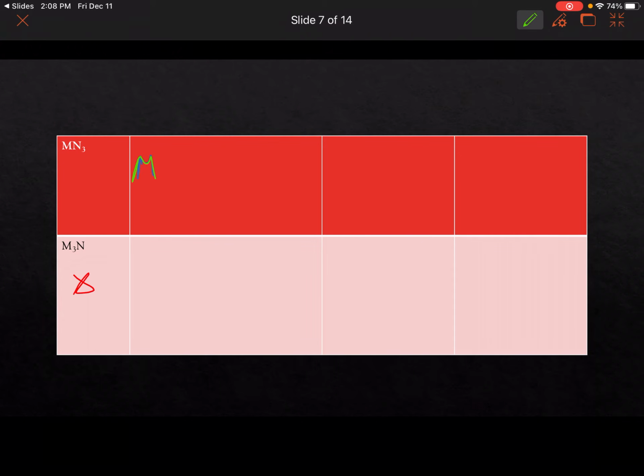So MN3 in equilibrium with M3 plus 3N minus, and so X and 3X, so your KSP is going to be equal to M3 positive times 3N minus, and that's going to be cubed.